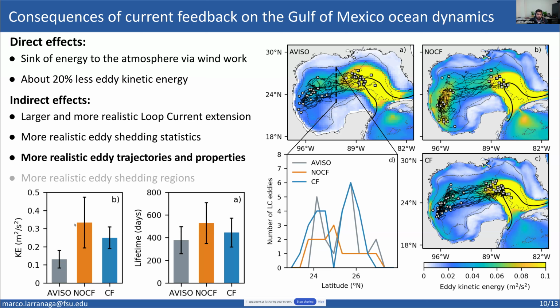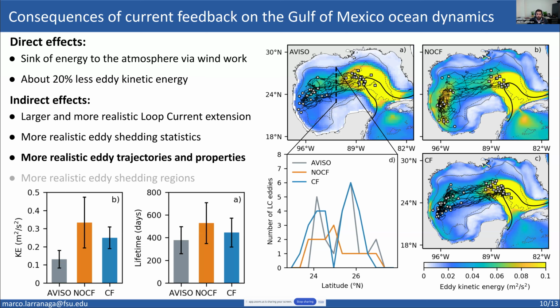As we can see, in the no current feedback experiment we have more energetic eddies. If they are more energetic, they are going to need more time to dissipate their energy, so the lifetime is longer. So it seems that they are responsible for these larger eddy kinetic energy values here.